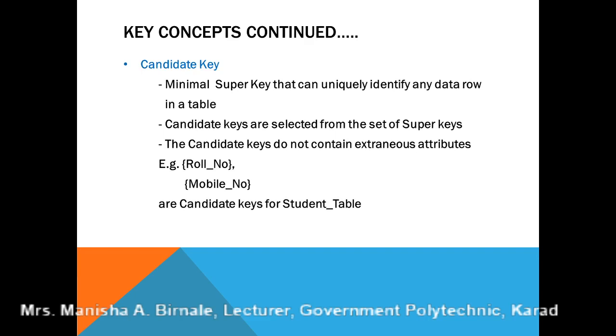The second type of key is the candidate key. Definition of candidate key: it is a minimal super key that can uniquely identify any data row in a table. We have seen that there are multiple super keys for the student table, but a candidate key is a minimal super key that can uniquely identify any data row in a table.